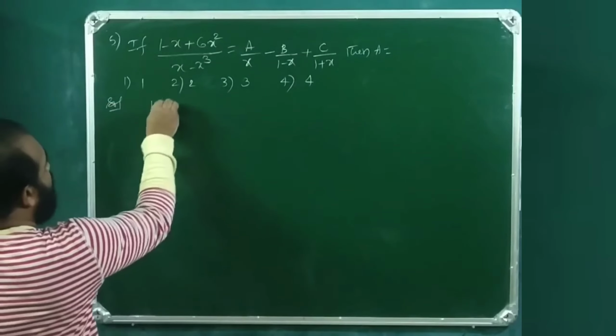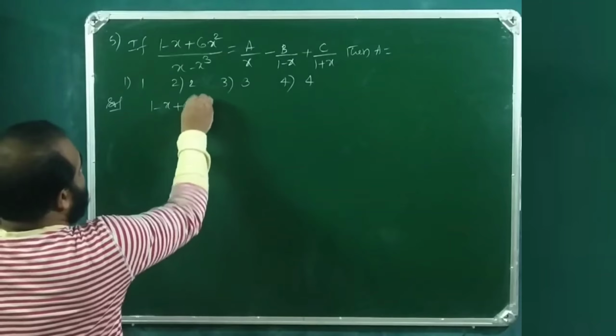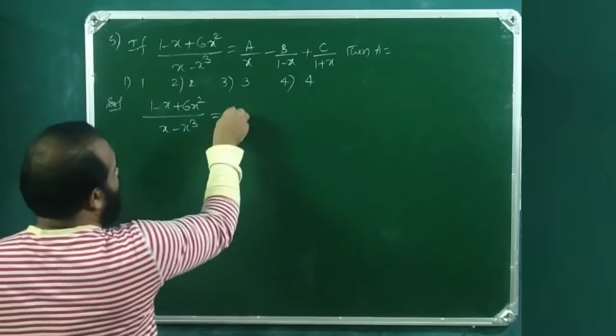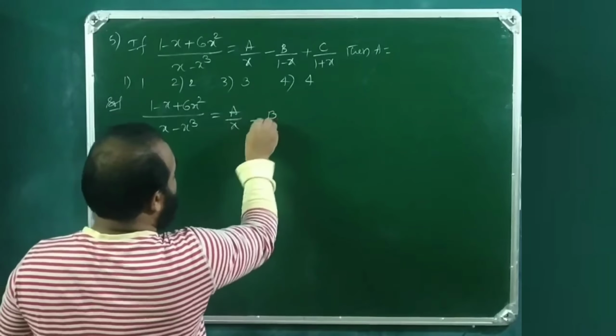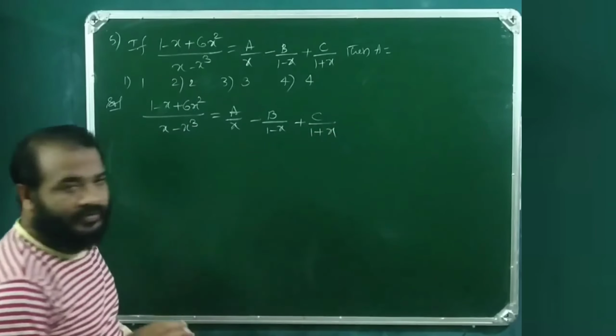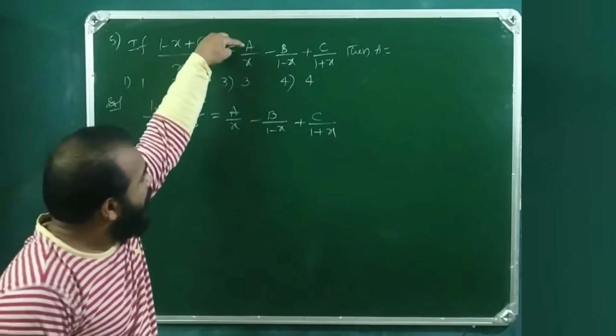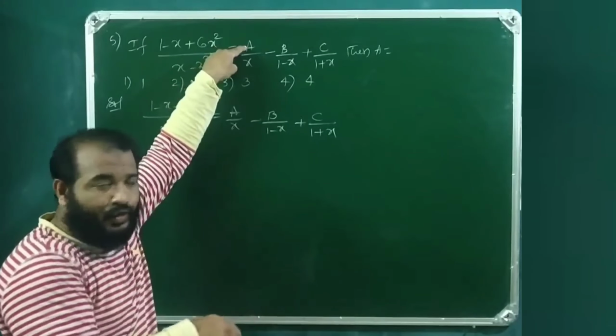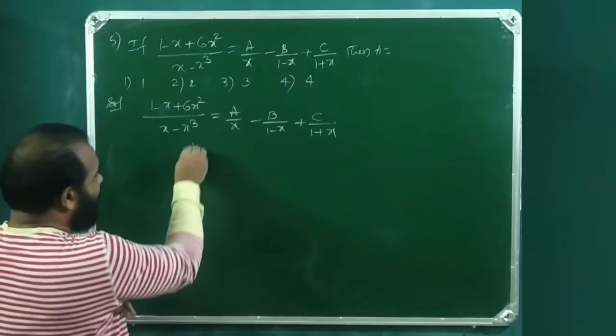So this is 1 minus x plus 6x square by x minus x cube is equal to a by x minus b by 1 minus x, c by 1 plus x. Now to obtain the value of a, whatever is in the denominator of a, you equate it to 0. Put x equals 0.